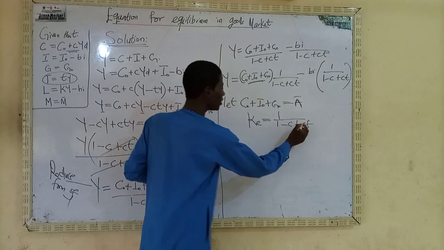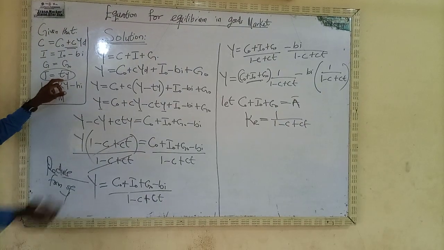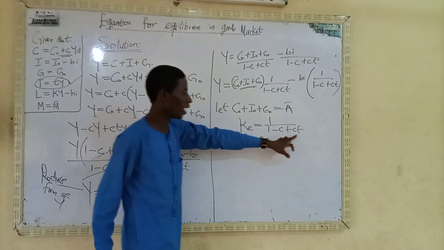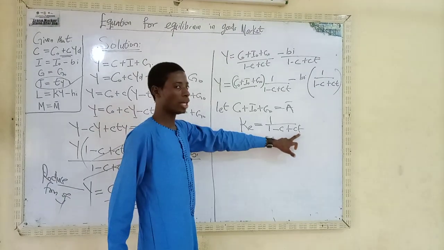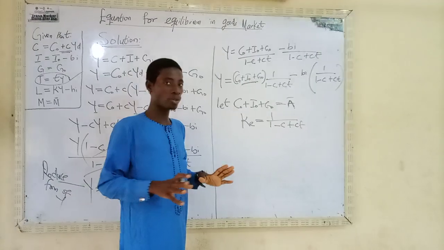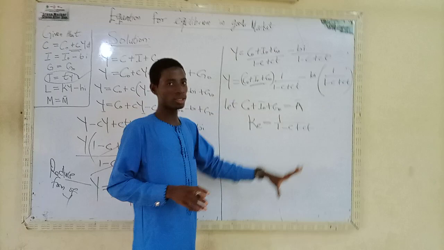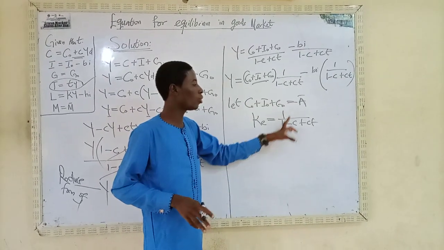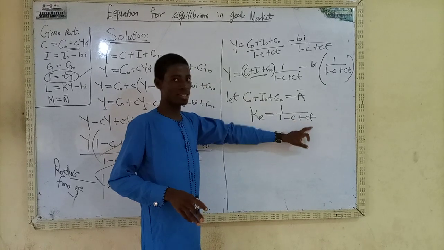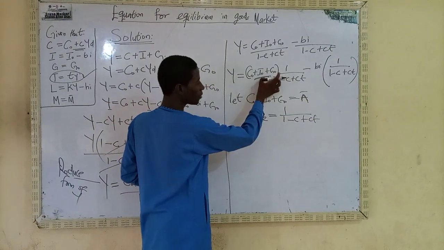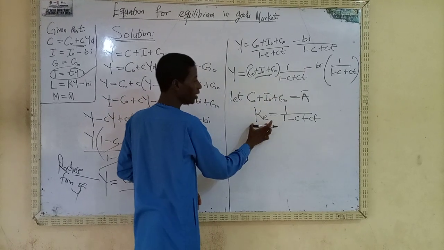Don't forget, there is the introduction of what we call induced tax, which is why we have ct at the end. Initially, we used to have 1 divided by 1 minus c, that is the MPC, as our multiplier. But here our multiplier changes to 1 divided by 1 minus c plus ct. Therefore, you substitute A inside this function and substitute the multiplier with Ke.